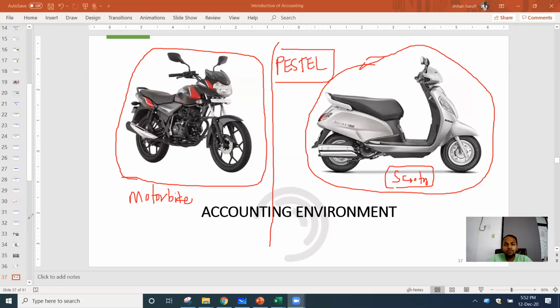So you go with the scooty. Let's say in a family you have boys and girls both, but you can't afford two vehicles, you can afford only one. So definitely you will go for a scooter, because everyone can use it, right?